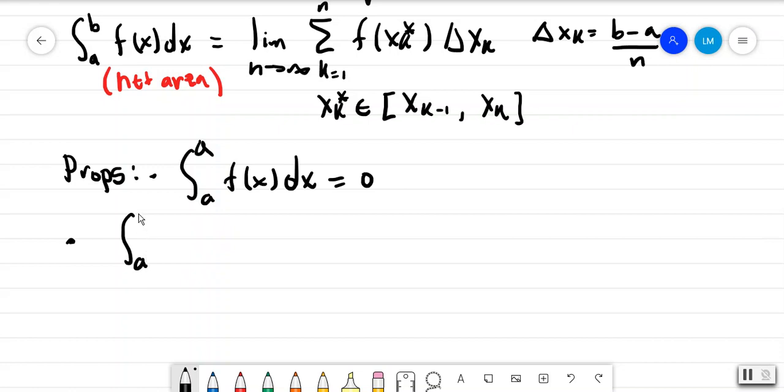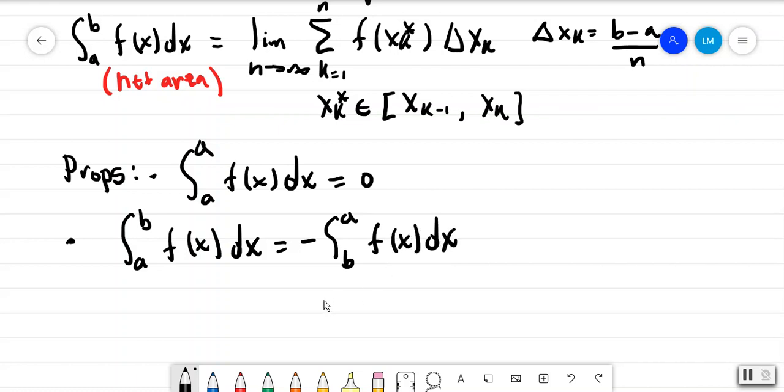If we integrate from a to b f of x dx and we reverse the integration, we just make it negative to account for that.